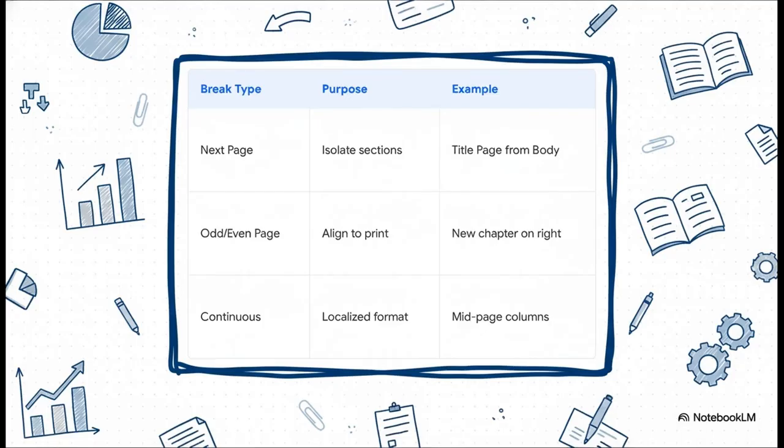Now for the secret weapon of complex documents, section breaks. These things are magic. They basically let you chop your document into independent little mini documents. Each one can have its own rules for page numbers, headers, footers, even column layouts. You absolutely have to master these for a pro report.